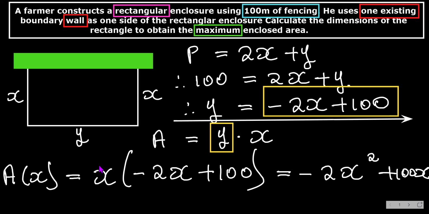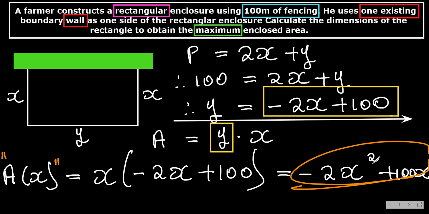Then what do we say from this point? Well, that should be easy. We want the maximum area, which we understand is the y-coordinate of this function, or this parabola, if you like. There are two ways in which you can find it.